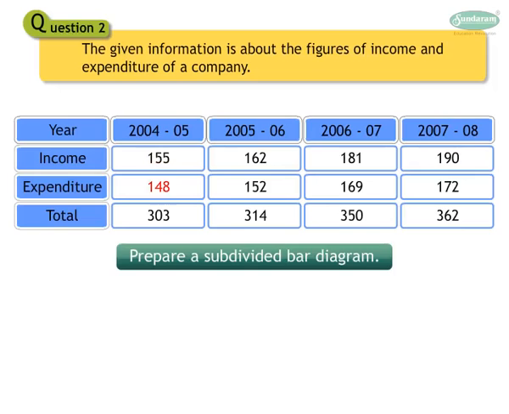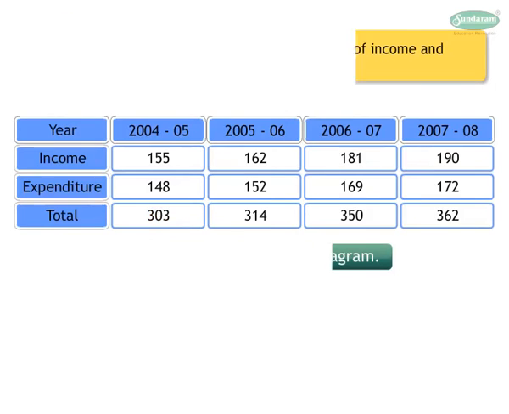For example, income of a company in year 2004-2005 plus expenditure of a company in year 2004-2005 is equal to 303. Similarly, let us add every year's income and expenditure of a company. Now, let us draw the subdivided bar diagram.